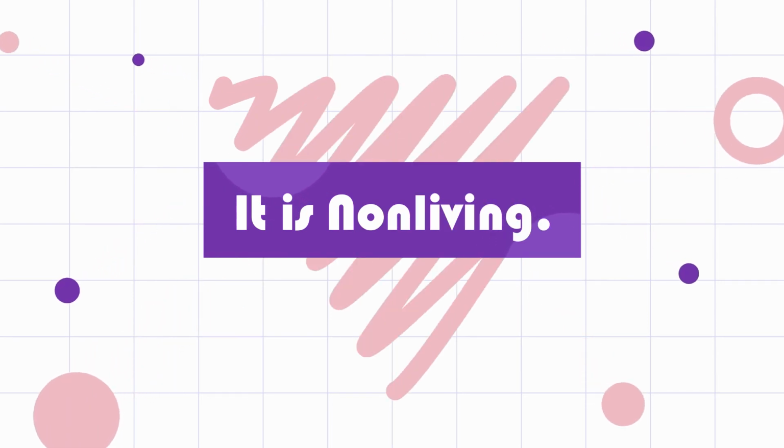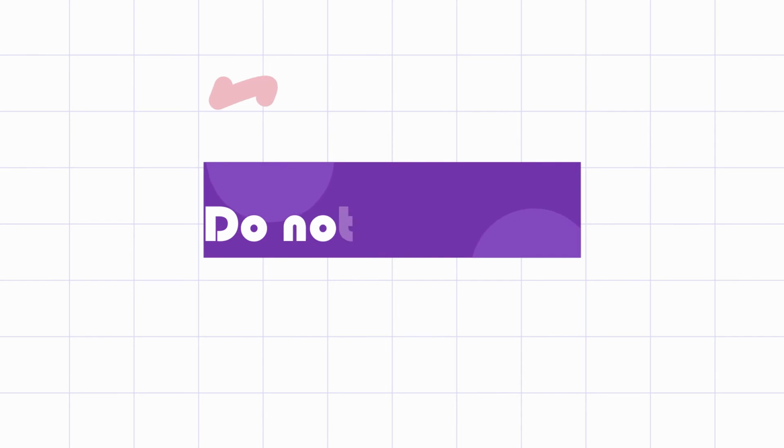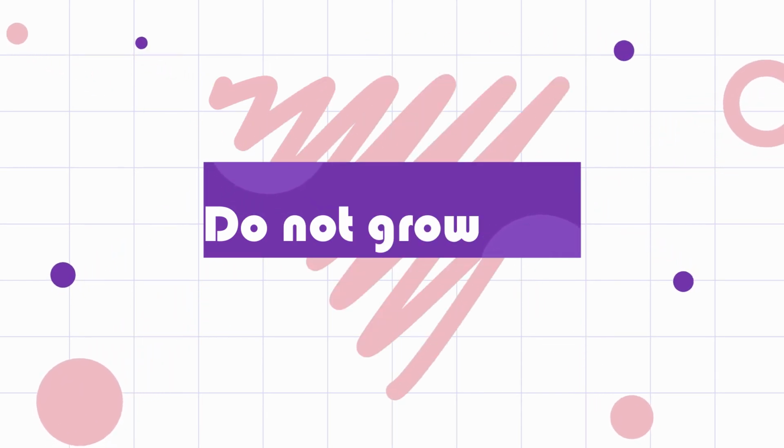Something must have each of the characteristics to be considered as listed. What is the missing one of the characteristics listed? Mona Lisa? It is non-living. Very good. So what are the characteristics of non-living? Darlene? Do not grow. Very good.